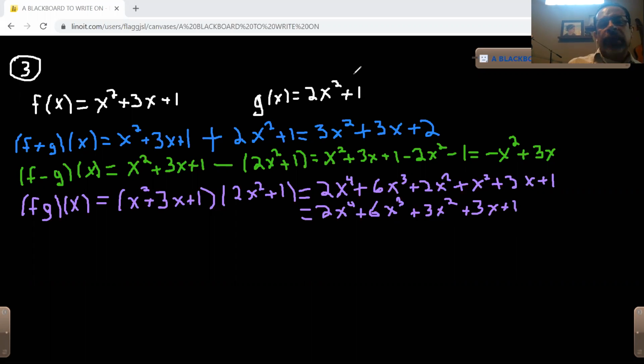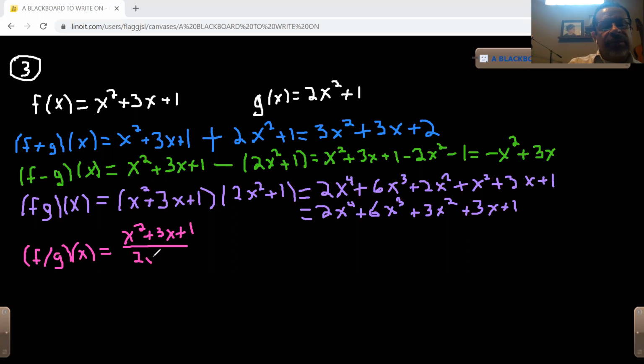Okay. And next, before last, if we wanted to do the division, f divided by g, it would literally be to create a quotient between these two. It would be the division of x squared plus 3x plus 1 divided by 2x squared plus 1.